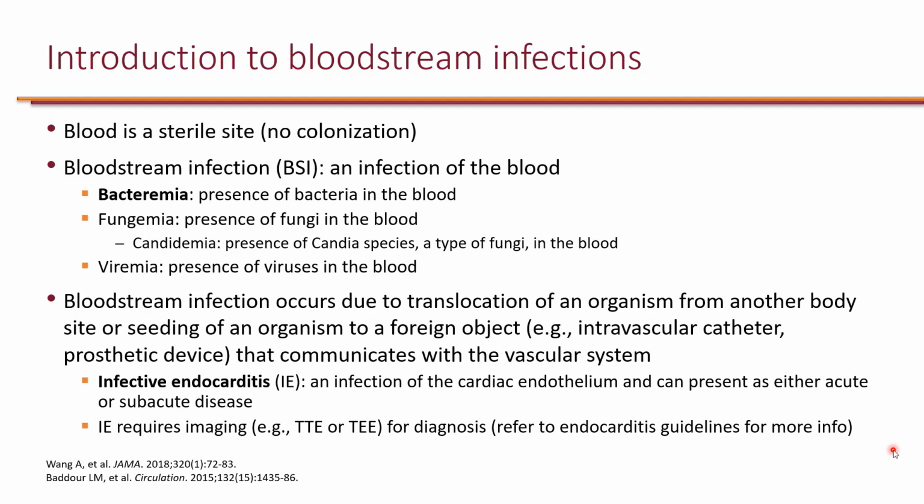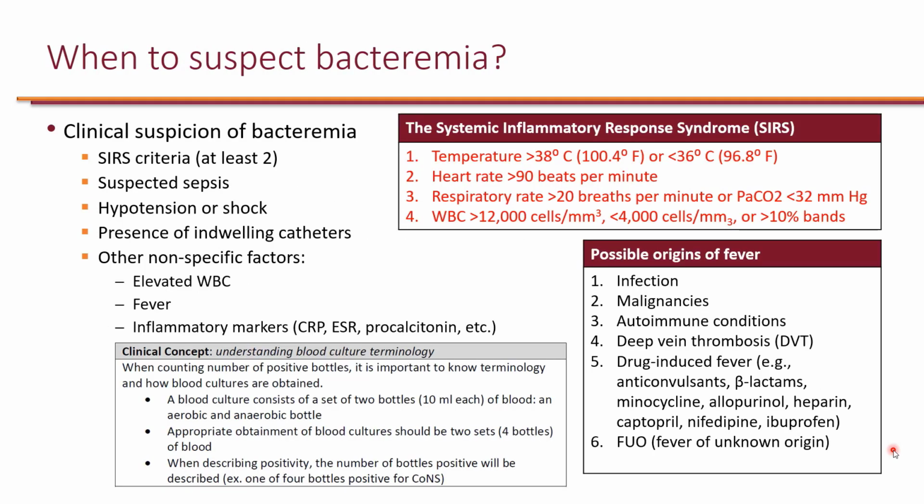Infective endocarditis is a common source of bacteremia, and it refers to an infection of the cardiac endothelium and can present as either acute or subacute disease. So when a patient has bacteremia and the source of the bacteremia is not clear, infective endocarditis must always be investigated, especially for gram-positive bacteria.